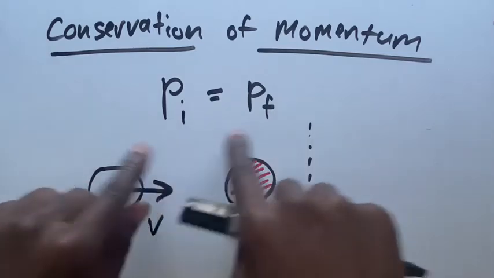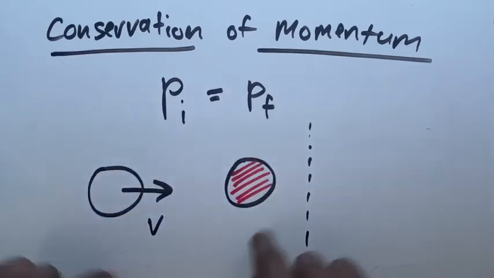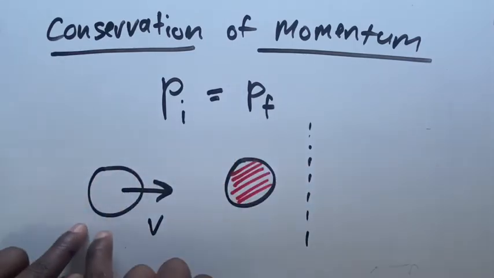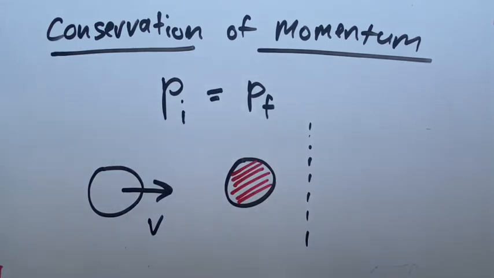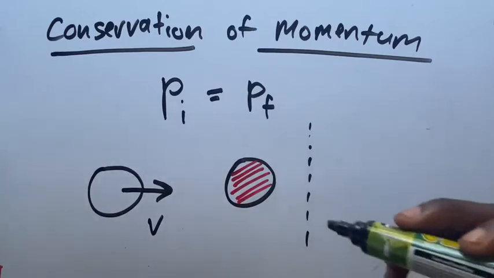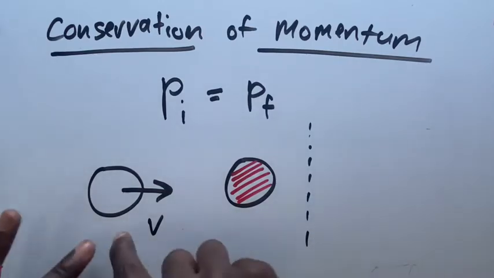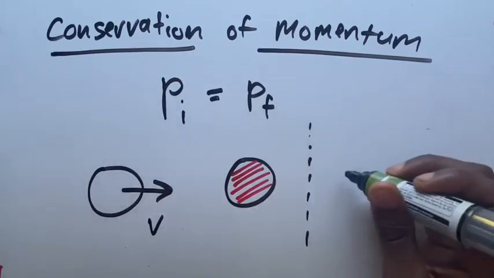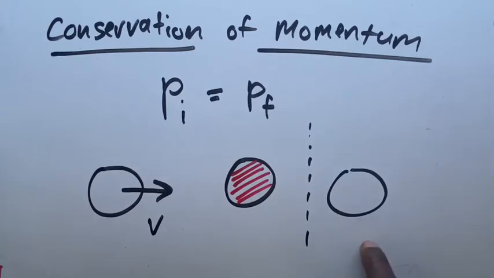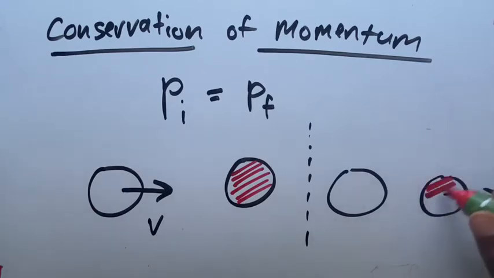And since there's no outside forces, it's just the velocity of the ball hitting that one, all the momentum is going to be transferred over, basically meaning after this one collides with the other one, the first ball is now not going to be moving, and it's going to transfer all of its momentum to the red ball.